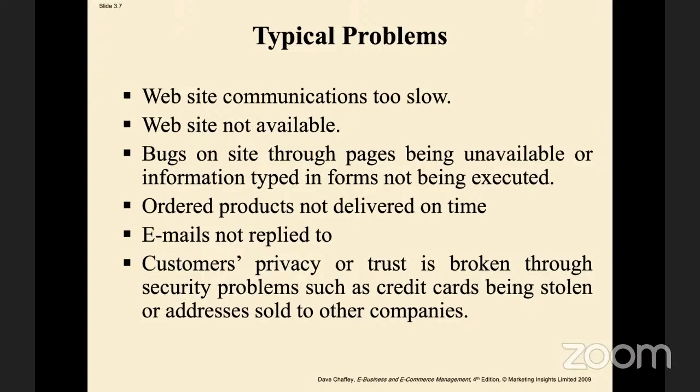Website not available, bugs on site through pages being unavailable, or information typed in forms not being executed, ordered products not delivered on time, emails not replied to, customers' privacy or trust broken through security problems such as credit cards being stolen or addresses sold to other companies. So these are very major and crucial problems while we consider going for an e-business.